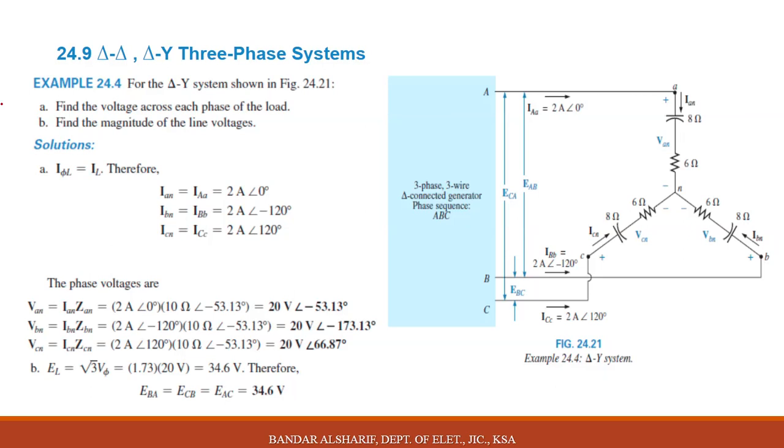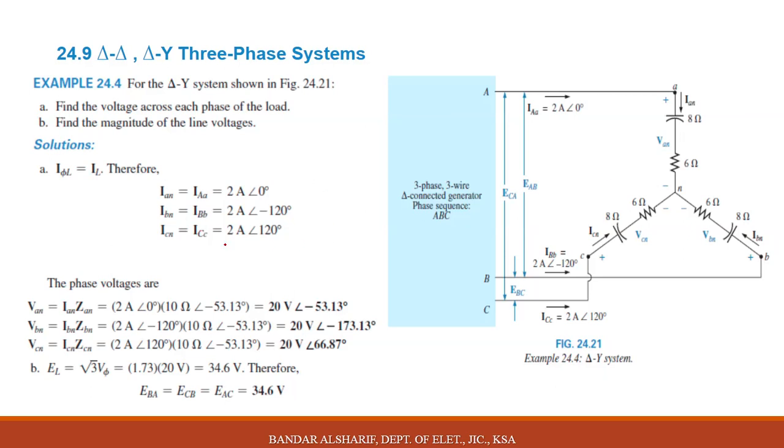Since we know that it is a Y connection, the line current equals the phase current, so we can directly multiply the phase current with the impedance, which is a series resistor with the capacitor.